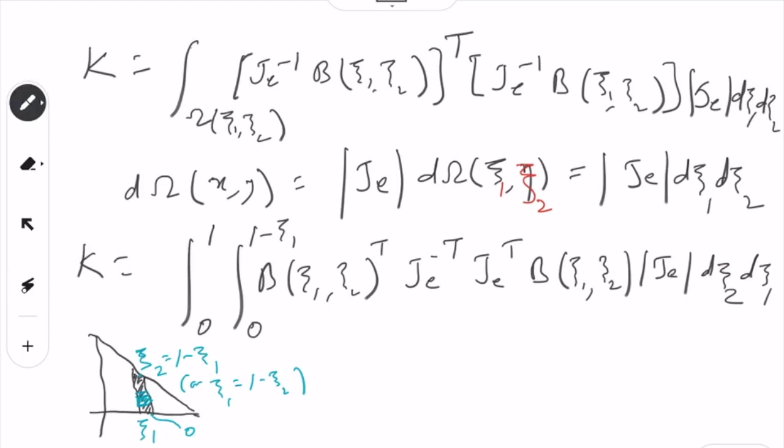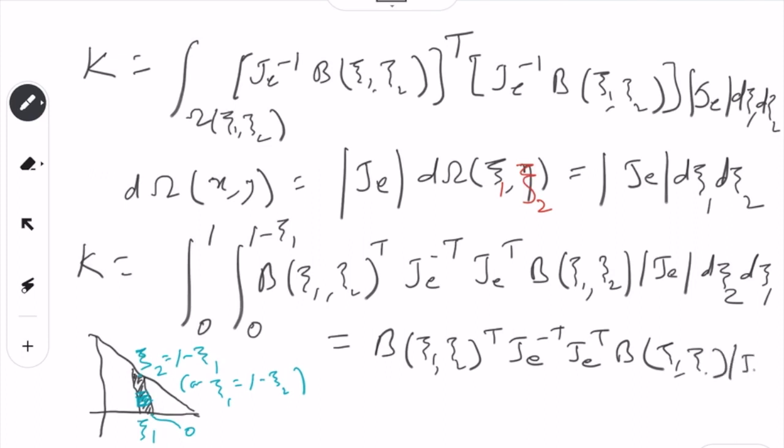So you can write, since all are constants, xi 1, xi 2 transpose, J inverse, minus t, J inverse, t, B, xi 1, xi 2, times J, multiplied by the area of the triangle. We can write here itself, this is area.